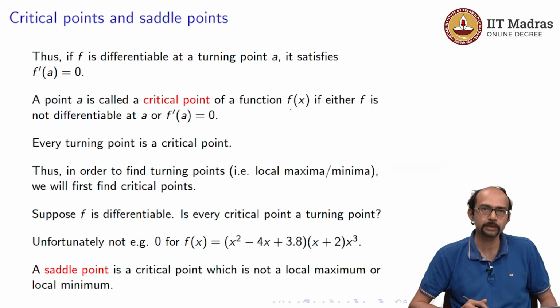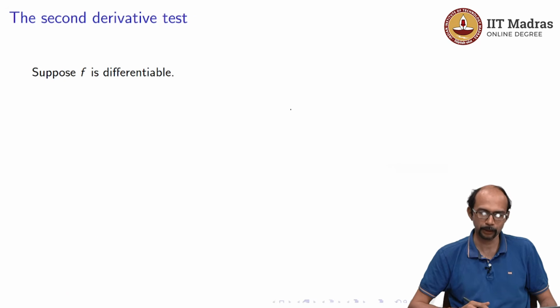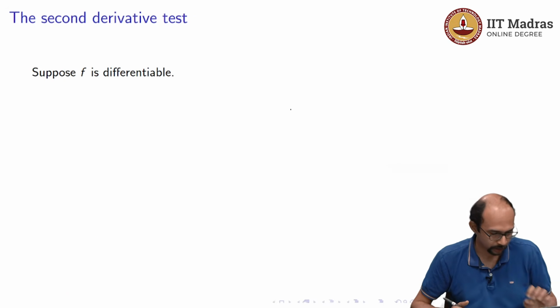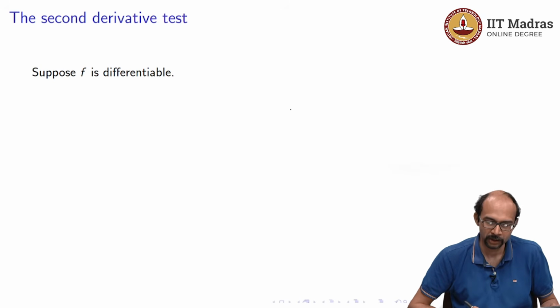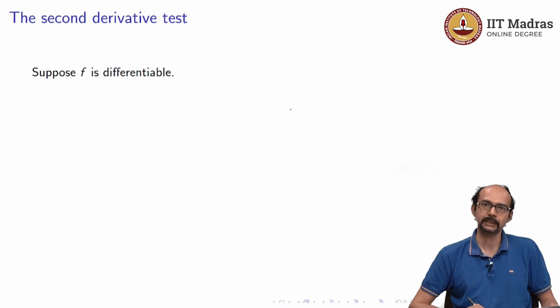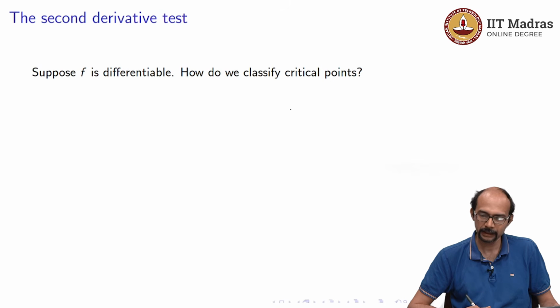So, I hope in this example it is clear what is a saddle point and what are the local maxima and minima. Okay. So, now how do we find out of these critical points which ones are local maxima and local minima? Those are the ones that we want to find. So, let us assume that the function f is differentiable.